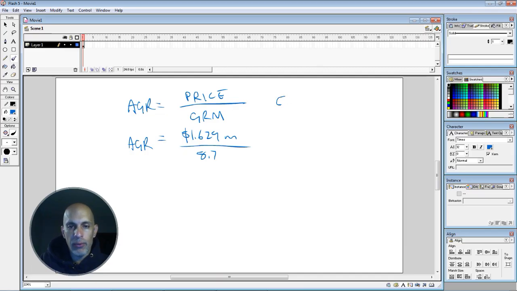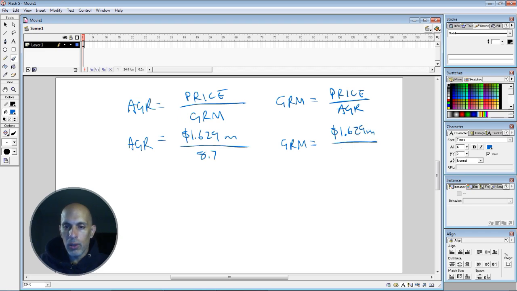And if you want to figure out the gross rent multiplier, it's pretty much the same thing. You just go price over AGR. This will give you the annual gross rents. So GRM is equal to 1.629 million over 186K.